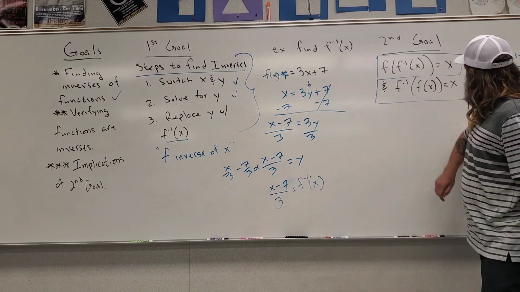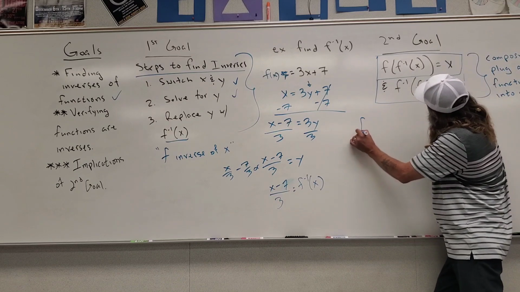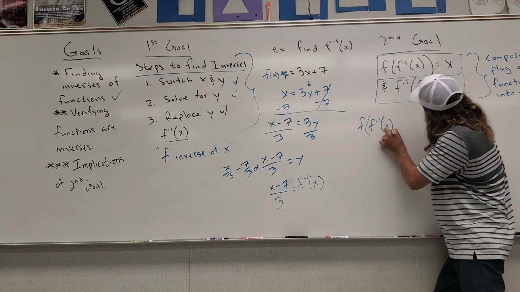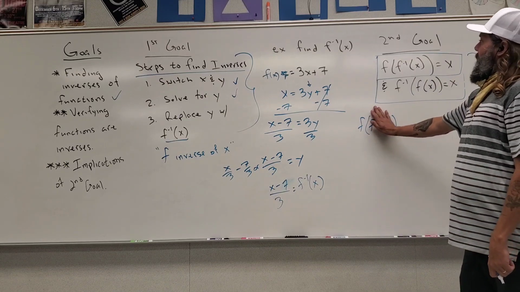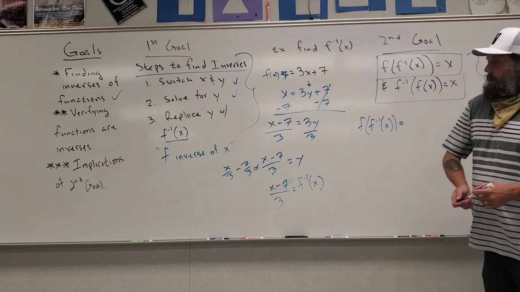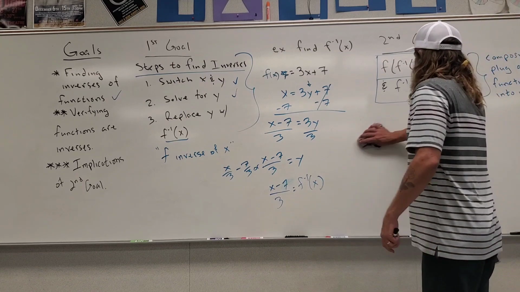So let's do the inverse into the original. Okay, so we're going to take the original and we're going to plug the inverse in. Let me go back a step. Where's my eraser machine? There you are, eraser machine. You're all the way over here. Let me go back a step.